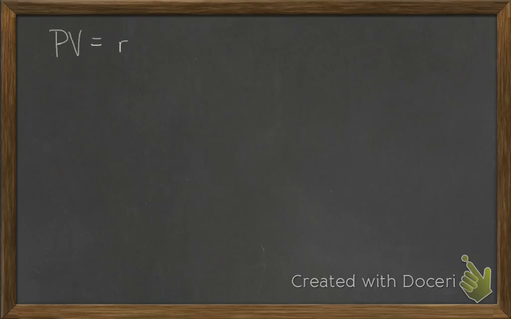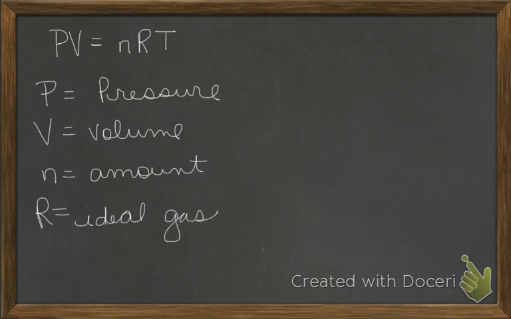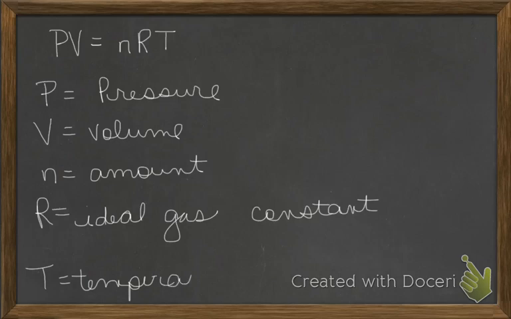PV equals nRT, where P stands for pressure, V stands for volume, n is a measure of amount, R is the ideal gas constant, and T is temperature. And some of those it just makes sense that that's what they measure.